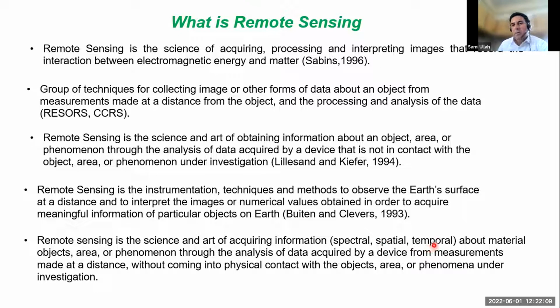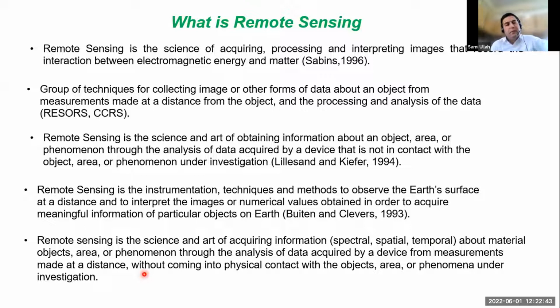And temporal is, for example, the time difference at which satellite images are available, in 2000, 2005, 2010, 2015. So it is about the spectral, spatial, and temporal resolution of the satellite images of a material, object, area, or phenomenon, through the analysis of the data acquired by a device from measurements made at a distance, without coming into physical contact with the object, area, or phenomenon under investigation.